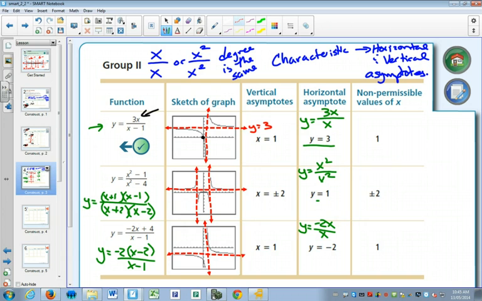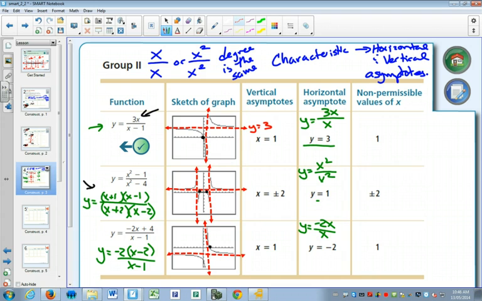So we have that as one of our x-intercepts. What about this one? When is that fraction equal to 0? When is the numerator equal to 0? At positive 1 and negative 1. So you have those two x-intercepts. And the last one, when would the top be equal to 0? When x equals 2. And sure enough, that shows up on our graph.